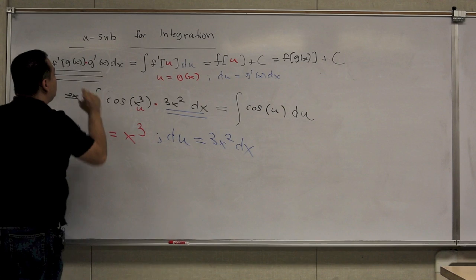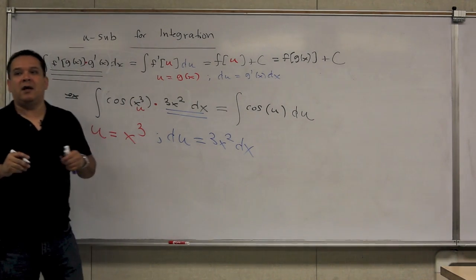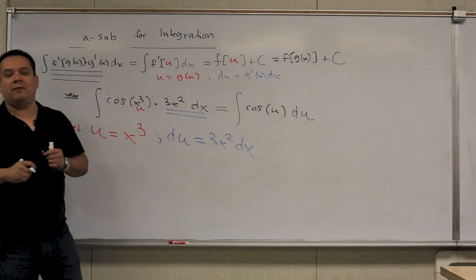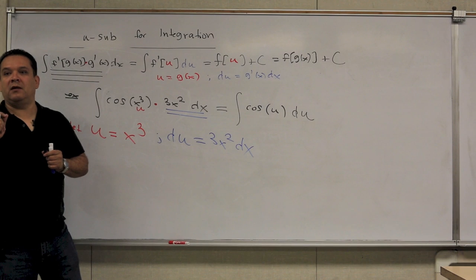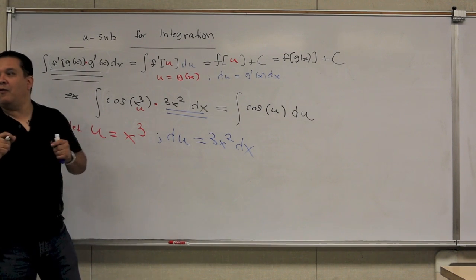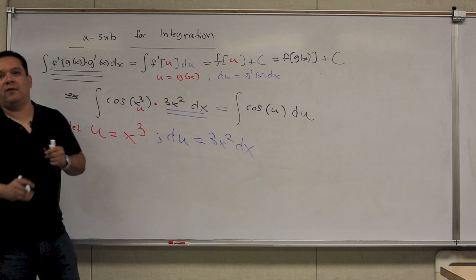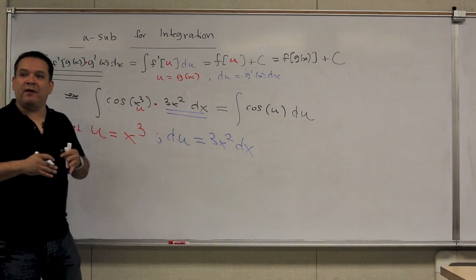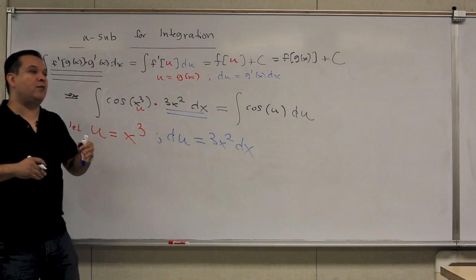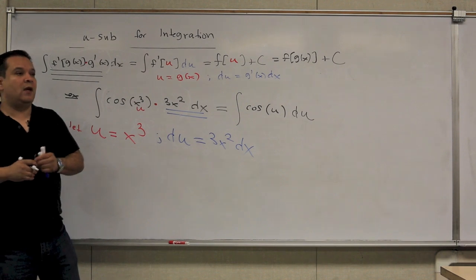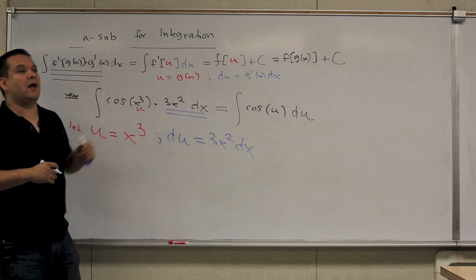So what that suggests is that this process is very specific. It only works for certain situations. It doesn't work for everything you see in your life. So they're going to be very specific, or variations of it, and you have to learn the process called U substitution. With U substitution, you can integrate a lot of things now.